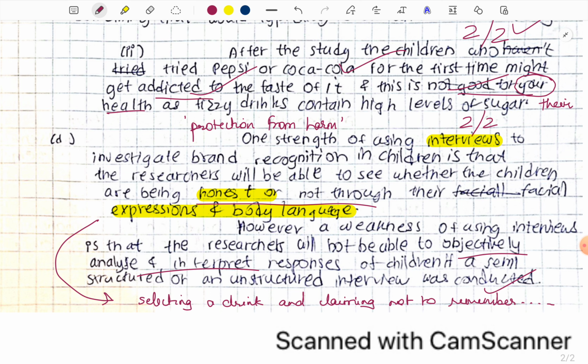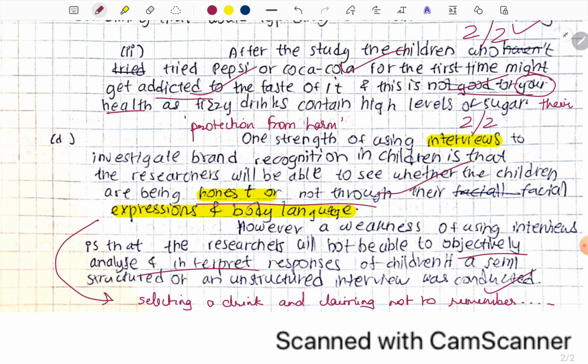They might be just trying to say that they usually have it more, maybe because that's what their family tends to purchase, so they're more exposed to that, or maybe it's easily available near their house. So researchers might reach wrong conclusions by assuming that the children are talking about liking. These types of examples can be given for this answer, again just to contextualize it more.